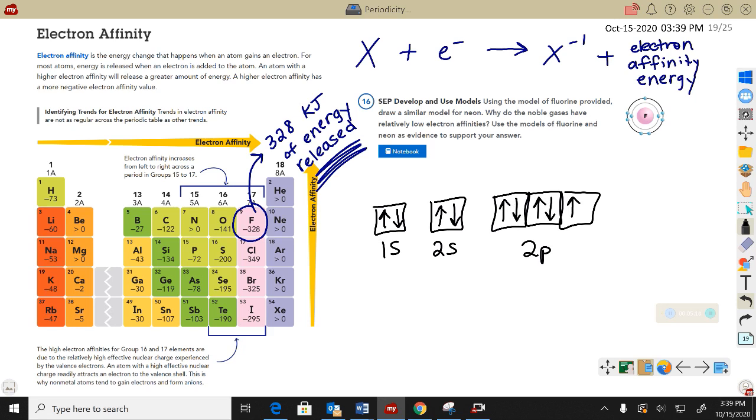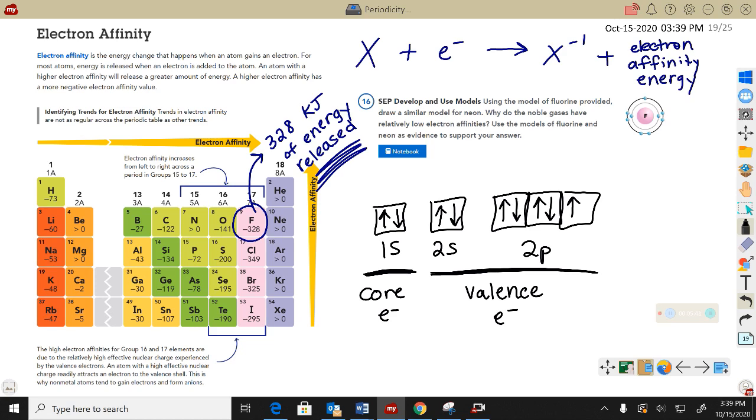Okay, so again, this is my core. These are my valence, all the electrons in my highest energy level, which is the second. So these are all my valence. 9 total electrons, 7 valence. Our goal here is to make this atom more stable by filling its outer energy level.